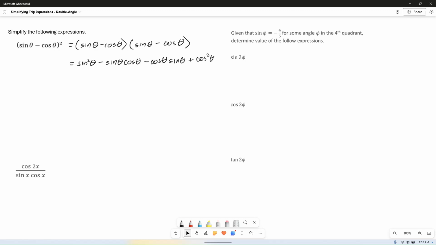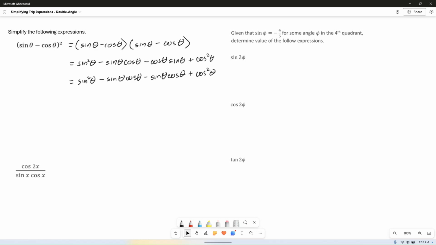If we look at the two middle terms, one is a sine theta cosine theta, and the other flips that around and says cosine theta sine theta. It doesn't actually matter the order of multiplication, so I can rewrite those so they're the same order. That gives me sine squared theta minus the sine theta times the cosine of theta, minus the sine theta times cosine theta, plus the cosine squared of theta.